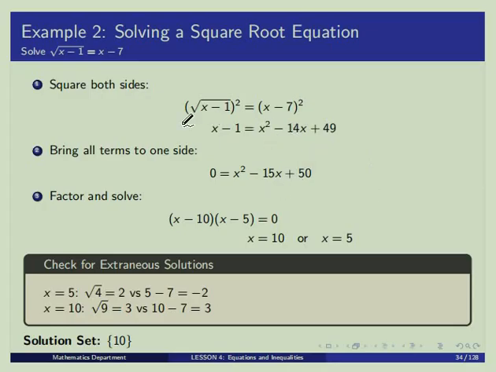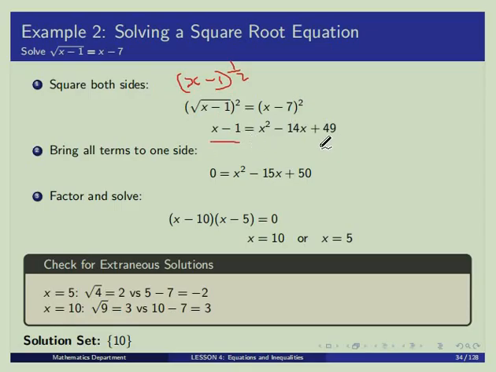And then the next one, where you are given a radical on the left hand side and an expression x minus 7 on the right hand side. So you raise to the power 2 on both sides, remember square root is the same as raising to the power half.